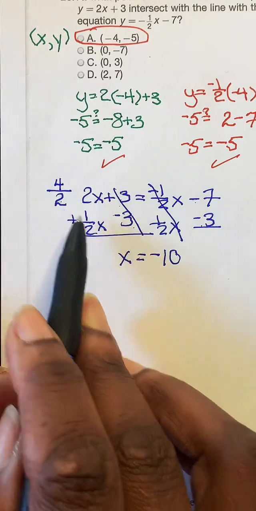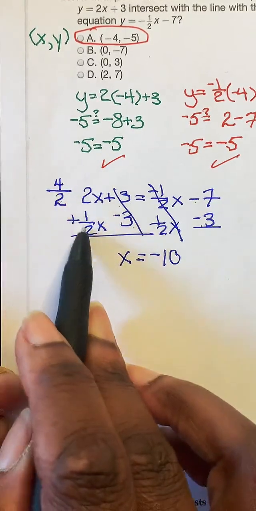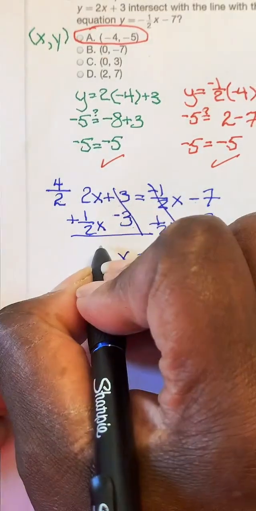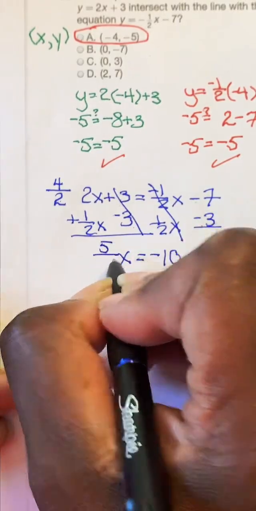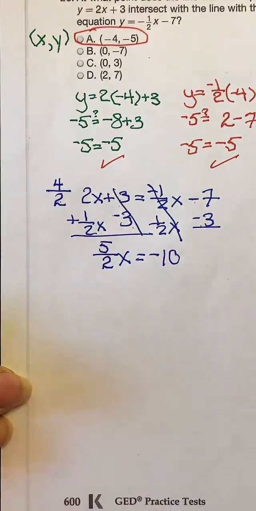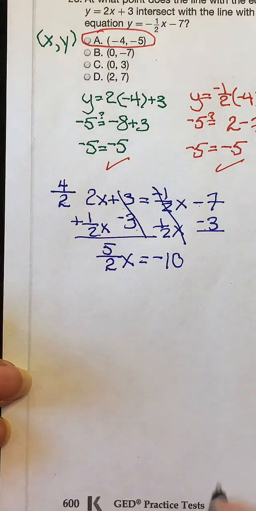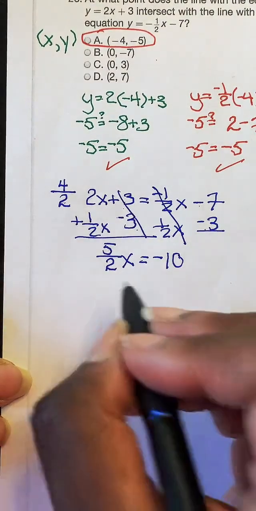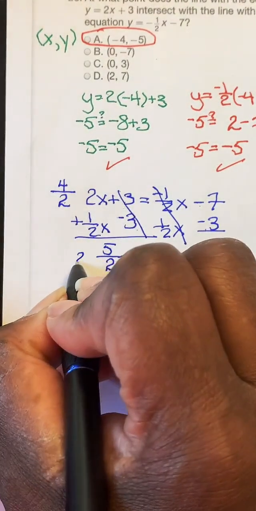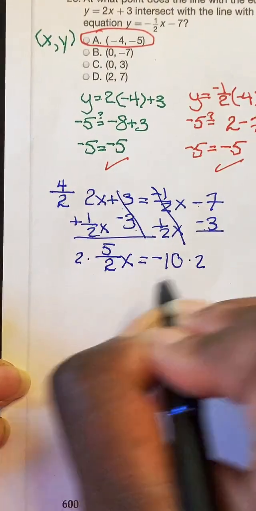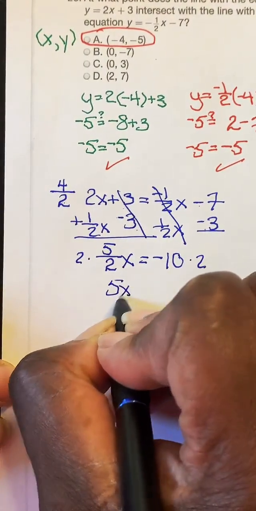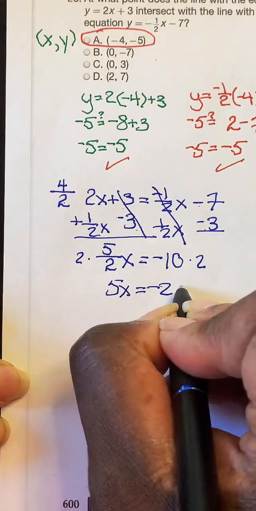So if I add these two fractions together, y'all, I'm going to get 5/2. So the best way for me to get rid of my fraction, I can multiply both sides by 2. Negative 20.